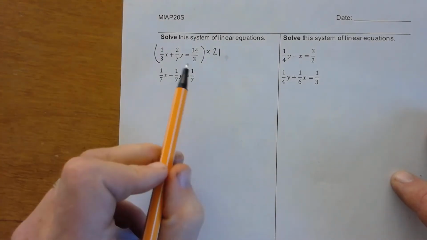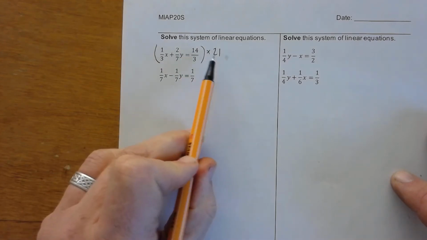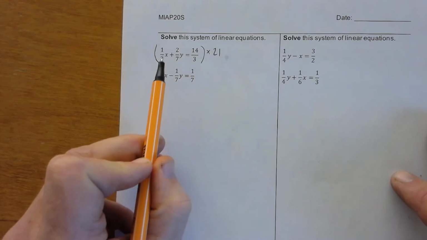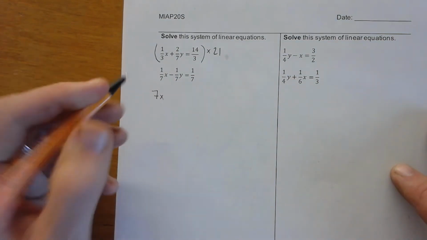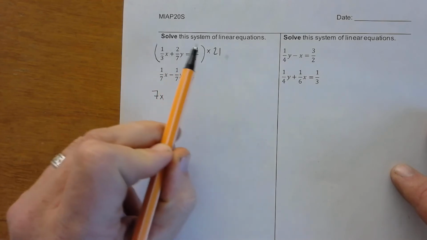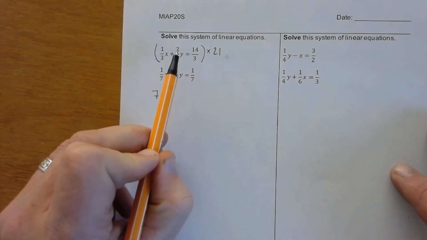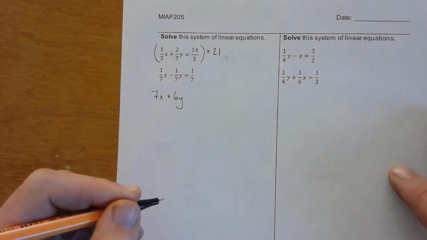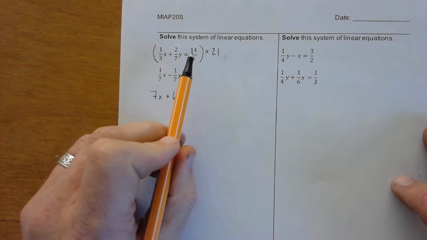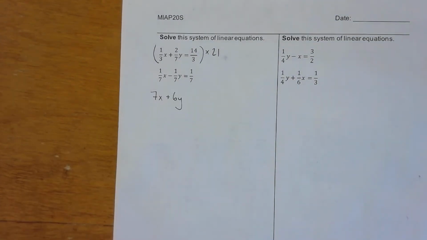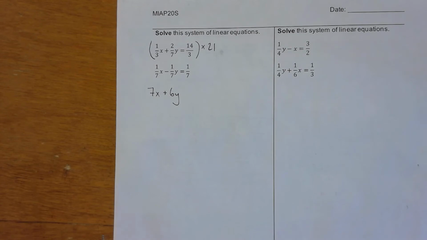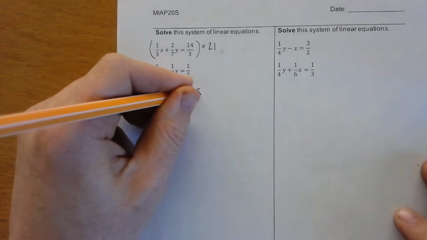I'm going to multiply each term by 21. 1/3 x times 21 becomes 21 over 3, which is 7x. 2/7 y times 21 becomes 42 over 7, which is the same as 6y. And 14 times 21 is 294, and then I divide that by 3 and I get 98.